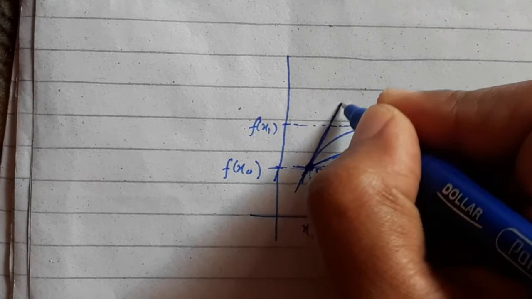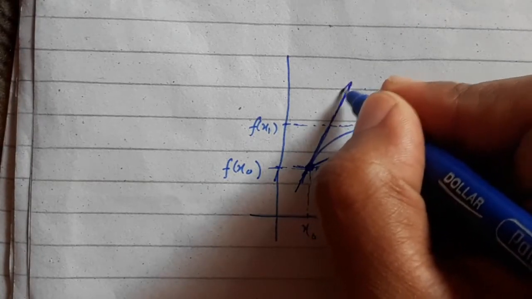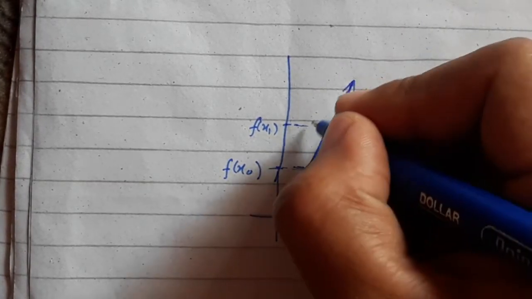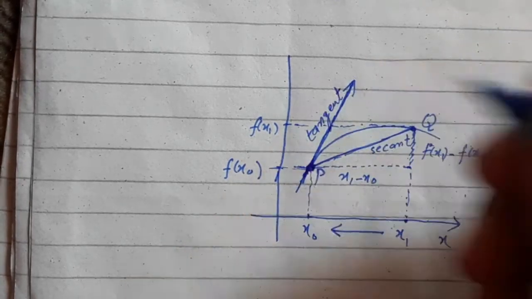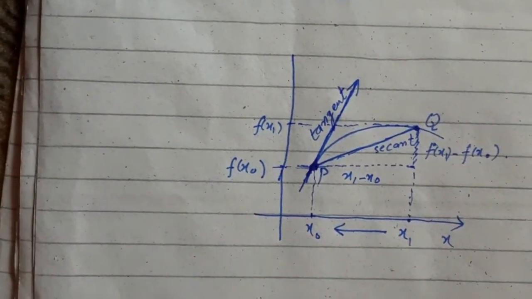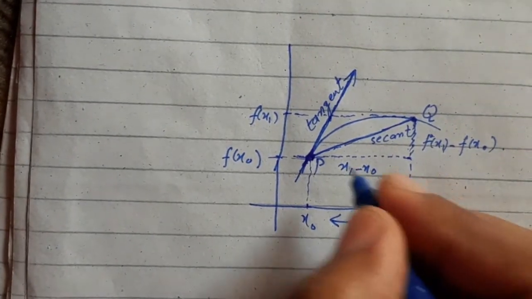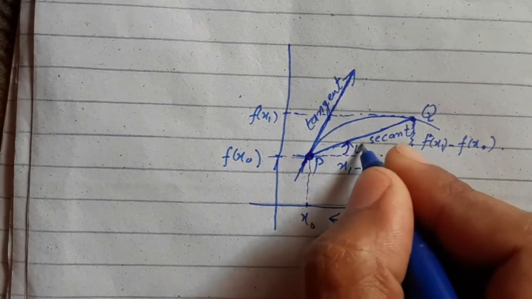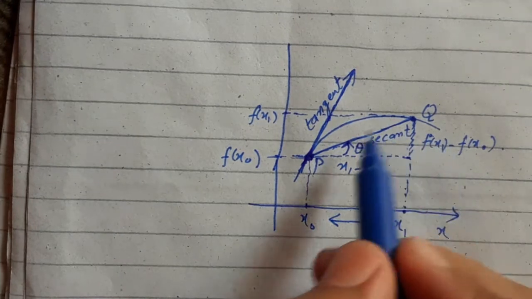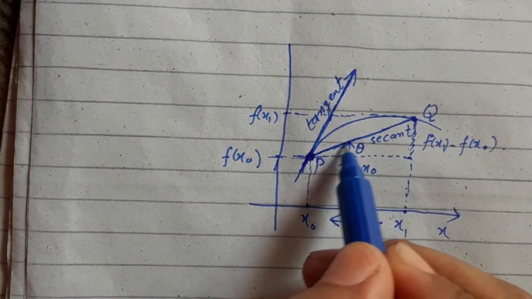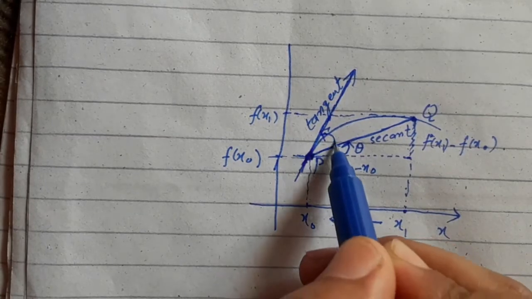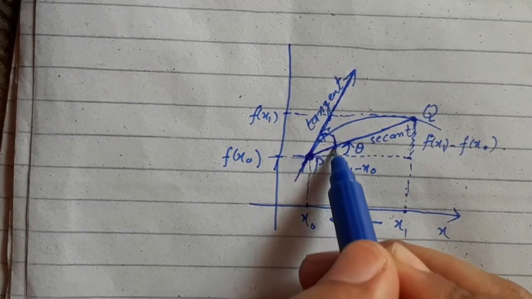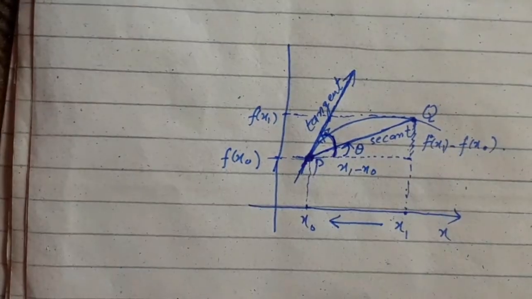So at this point, when my x1 approaches x0, the secant line becomes a tangent line. This is a tangent line, and this is the theta. As you can see, initially the secant line was making this much theta, and when it became tangent, the angle changed. This is the other angle.